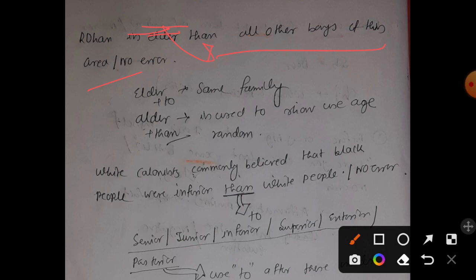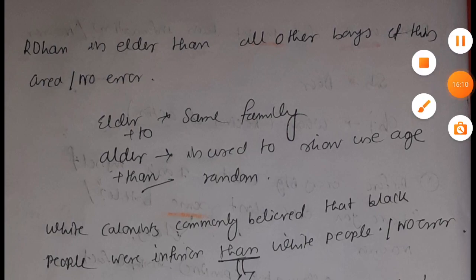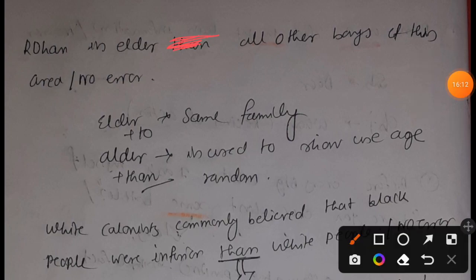So the correct sentence will be, Rohan is older than all other boys of his area. Another thing I want to make clear is that we use elder for comparing age within a family, not when we are comparing age randomly. And when we are comparing age randomly, we have to use older than.